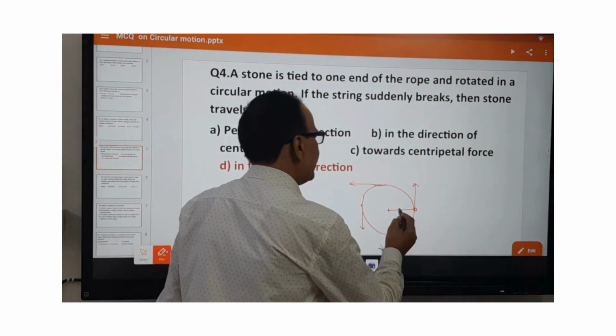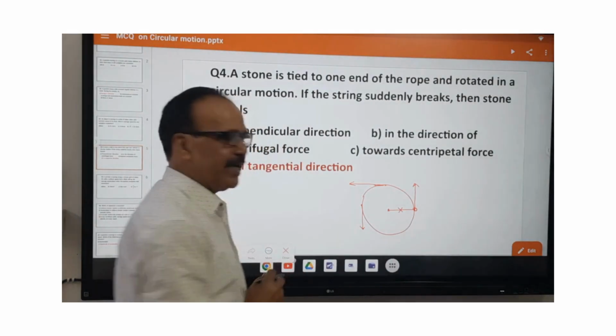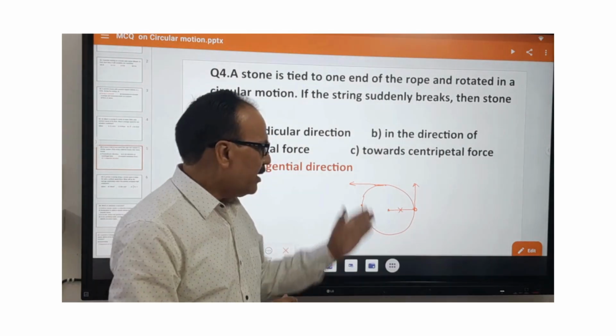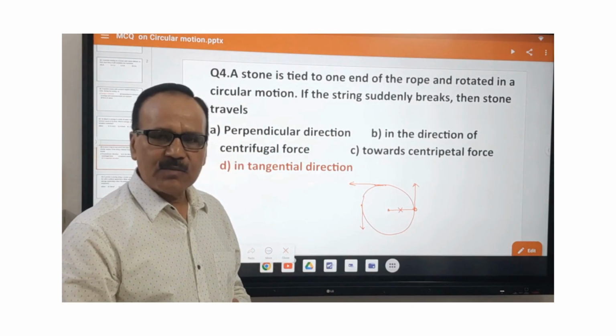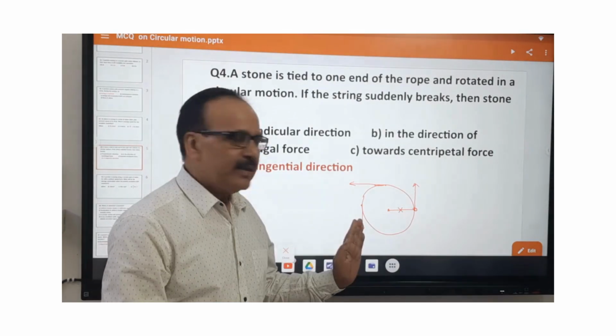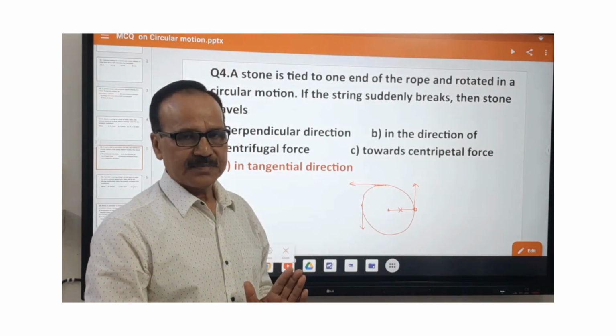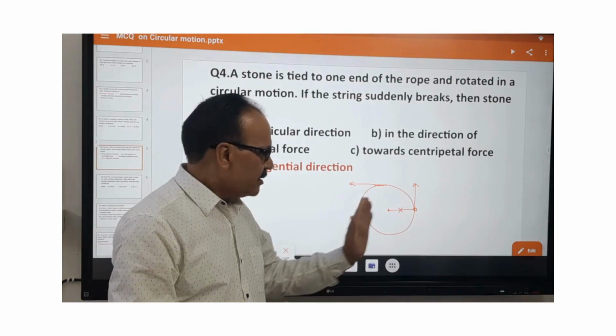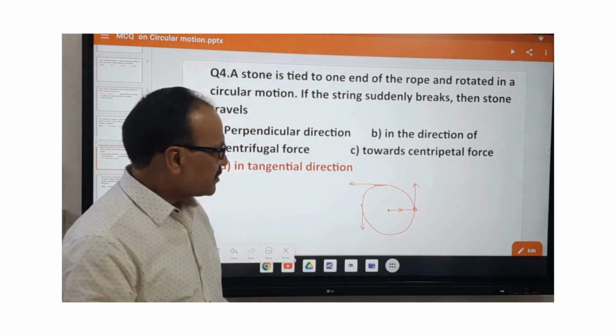Whenever the string breaks, the stone will fly in the direction of the motion, that is along the tangential direction, because the direction of velocity is along the tangent drawn at any point.